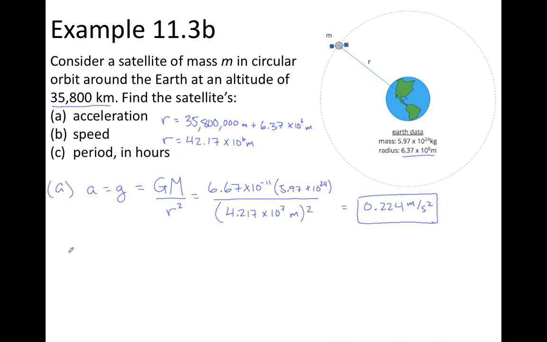For part B, we want to know the speed of this satellite. So this acceleration that we just found is a centripetal acceleration because our satellite is in circular orbit. And centripetal acceleration is speed squared over radius. I can solve this for speed.